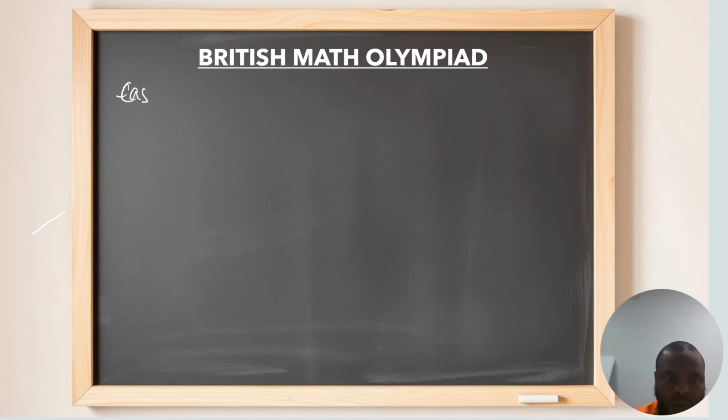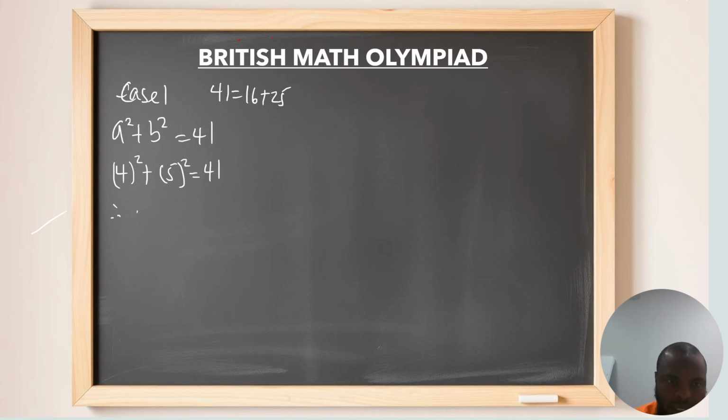Since 41 is the same thing as 16 plus 25, and we don't know which of these two values goes with which, and we have a squared plus b squared equals 41, we can say that a squared is 4 squared and b squared is 5 squared, which gives 41. Therefore, a is 4 and b is 5. This is case number 1.